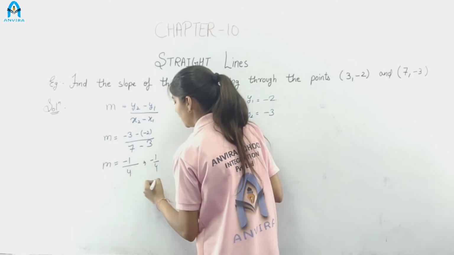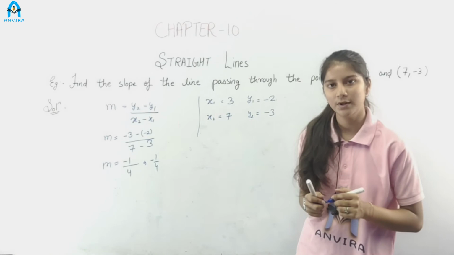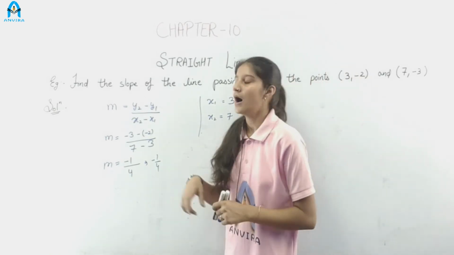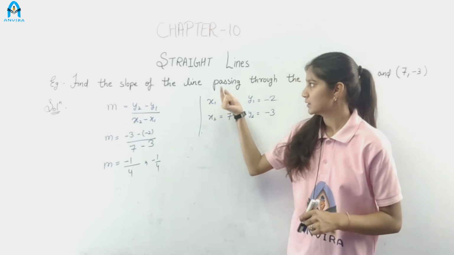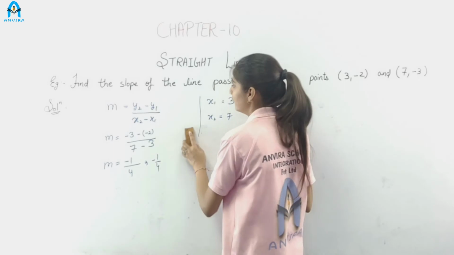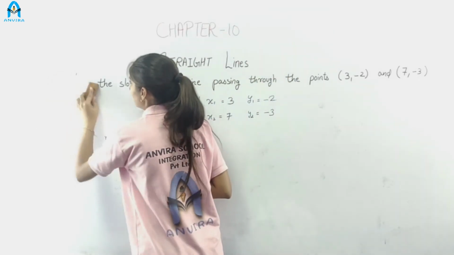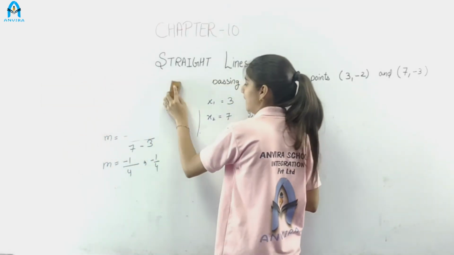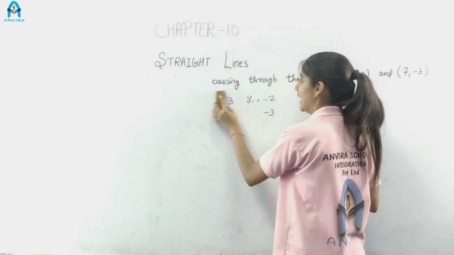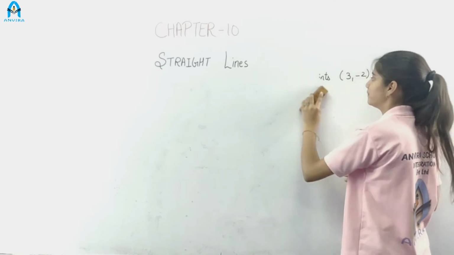Here the value of our slope is minus 1 by 4. I hope you understand how we find the slope of the line. So what next? We will discuss how we can find whether two lines are parallel or perpendicular to each other with the help of slope.